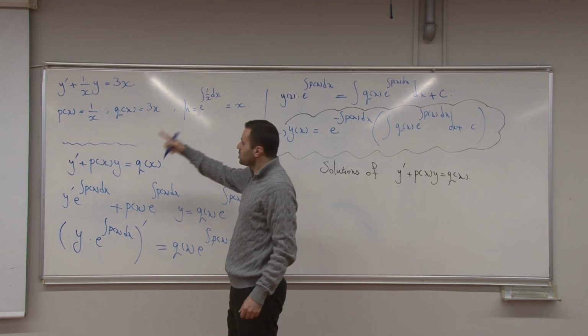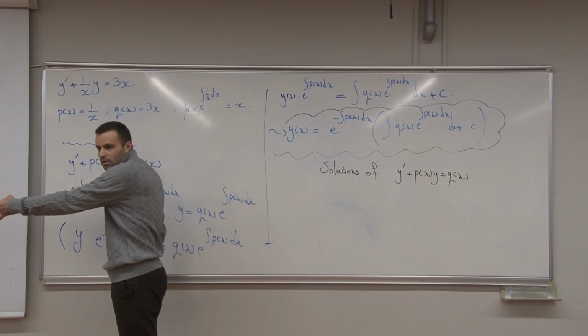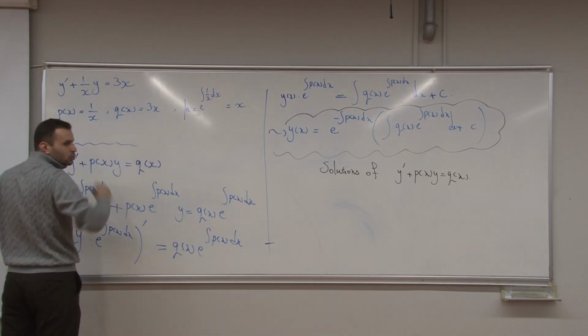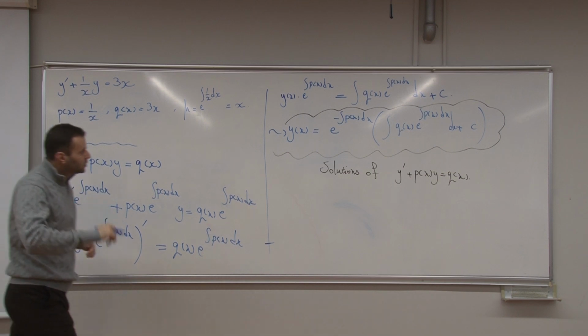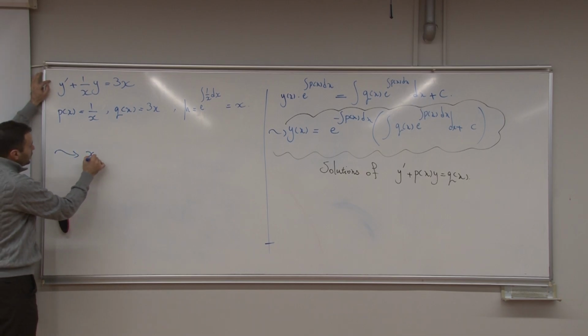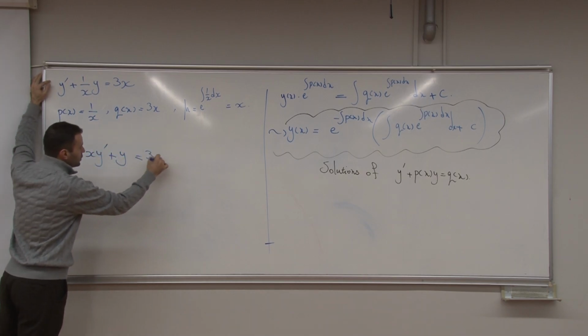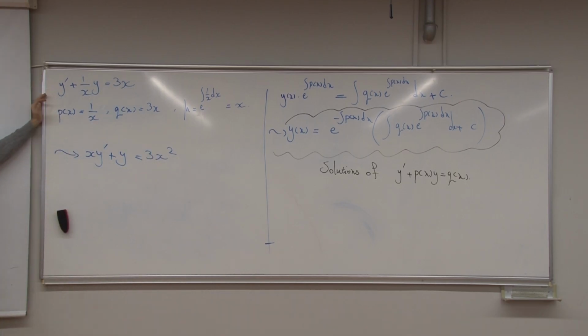It says that just by multiplying this equation with an x, you are going to get the left-hand side equal to the derivative of x times y. If you multiply this equation with x, then what do we have? x y prime plus y equal to 3x cubed. What is this left-hand side equal to?